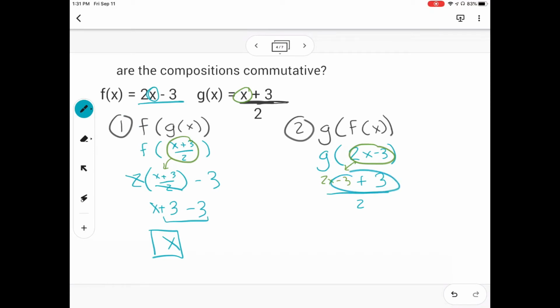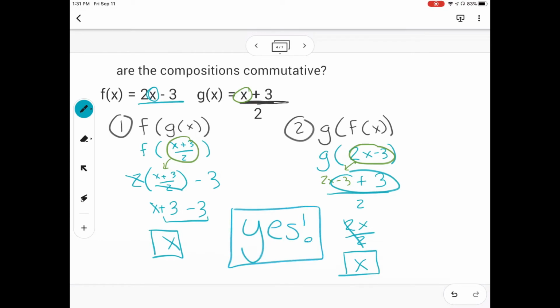So first, like terms, negative 3 plus 3 cancels. I get 2x over 2, which reduces down to x. So you see that both answers were x, which means the answer to the question, are they commutative, is yes. So they both came out to the same answer.